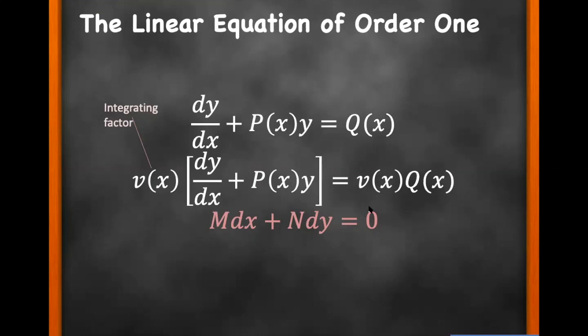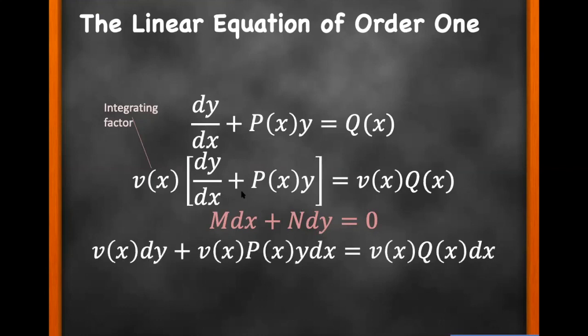If we rearrange this, first distribute this v of x to this part of the equation. So we have v of x times dy, and multiplying both sides by dx, we have p of x times v of x times y times dx equal to the right side, which is v of x times q of x times dx.